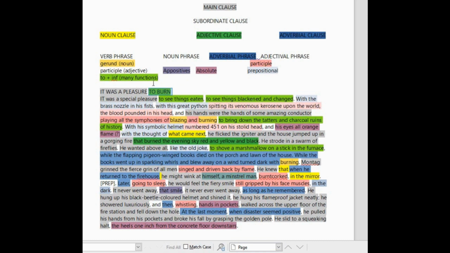Yeah? And now there's a very subtle point that I could make here. If we say something like, "I have got wood to burn," then the to plus infinitive verb phrase is describing the type of wood. What kind of wood? Wood to burn. And for that reason, it's functioning as an adjective.